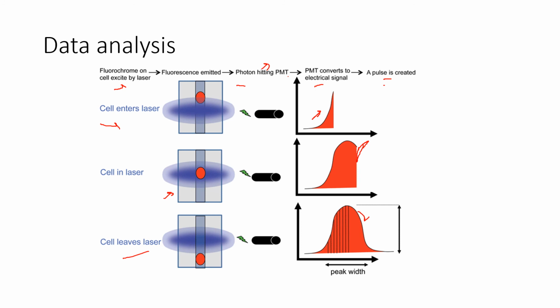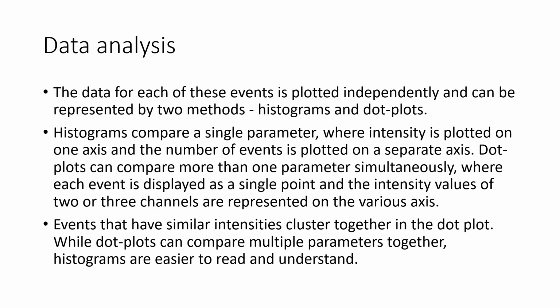For each pulse, height, width and area are measured. The size of the pulse depends upon the number of photons generated by the fluorochrome and detected on the photomultiplying tube. Now the data generated on the computer is represented by two methods. The first is histograms and the second is dot plots.